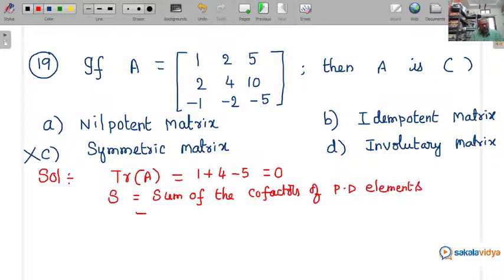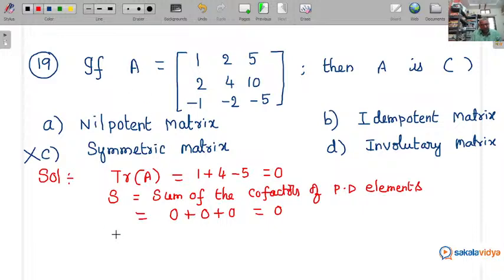One by one let us do separately. Deleting this row, this column, minus 20, this is plus 20, 0, plus next deleting this row, this column, minus 5 plus 5, 0, and the cofactor of minus 5, 4 minus 4, 0, this is also 0. Trace A is 0, the sum of the cofactors of the principal diagonal elements is also 0.